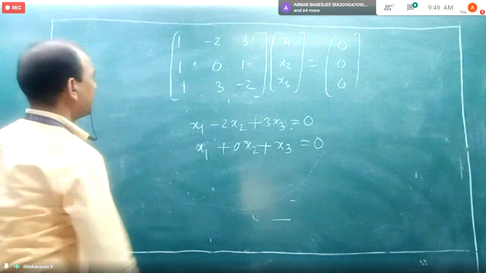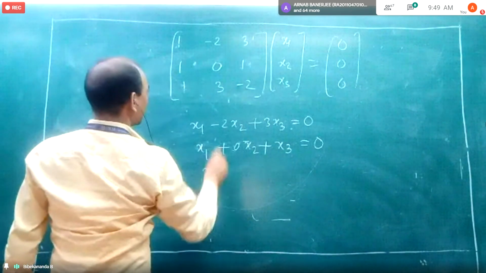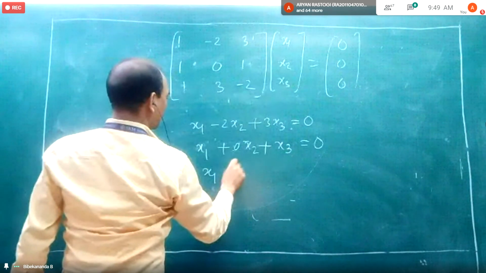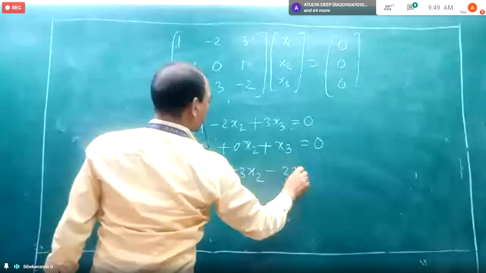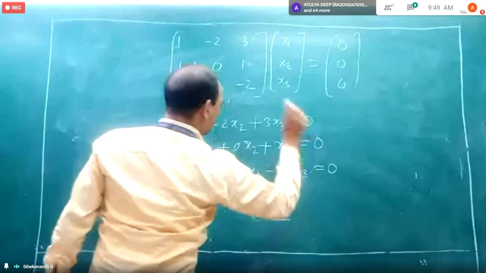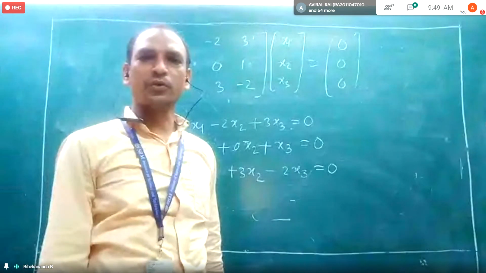Similarly, third row: 1 into x1, plus 3 into x2, minus 2 into x3 equal to 0. Okay, so this is your linear system of equations.